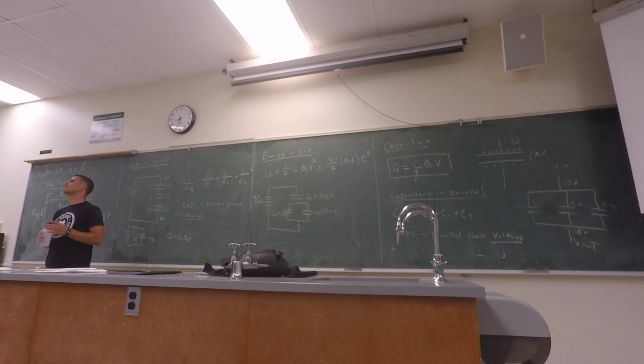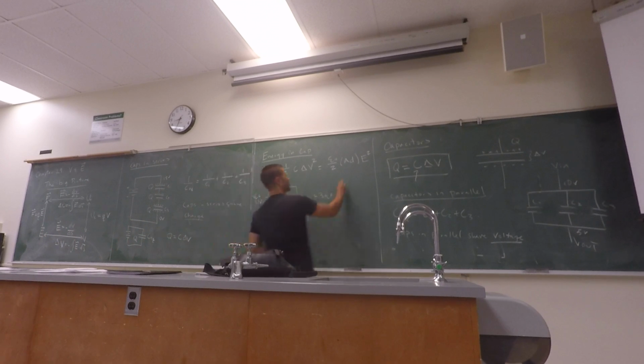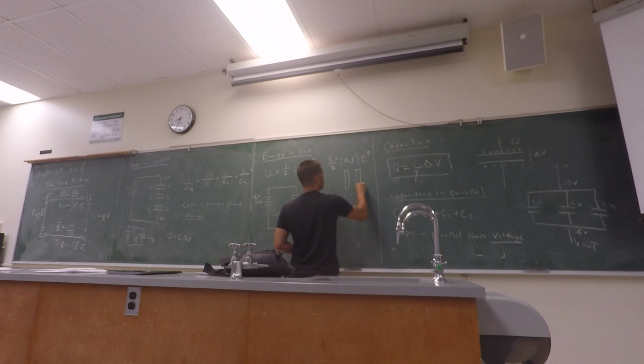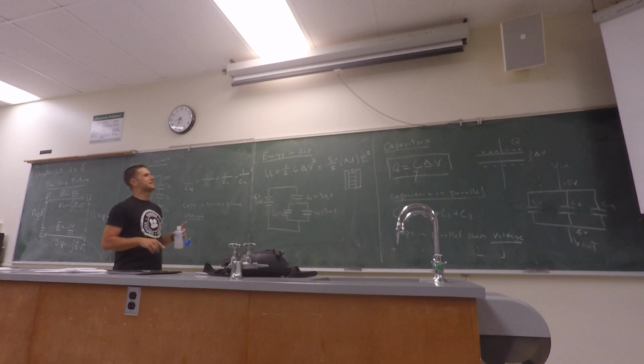For that second equation, the capacitor equation, is the E squared the electric field? That's the electric field inside a capacitor, yeah. If you have some parallel plate capacitor like this, and you have some electric field inside, that's E. The energy stored inside is proportional to E squared.